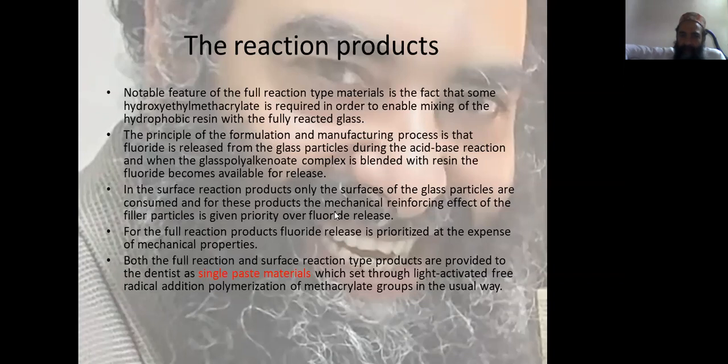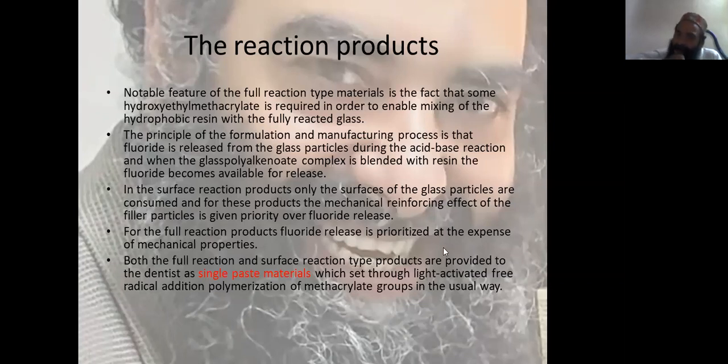The principle of the formulation and manufacturing process is that fluoride is released from the glass particles during the acid-base reaction, and when the glass polyalkenoate complex is blended with resin, the fluoride becomes available for release. In the surface reaction products, only the surfaces of glass particles are consumed.